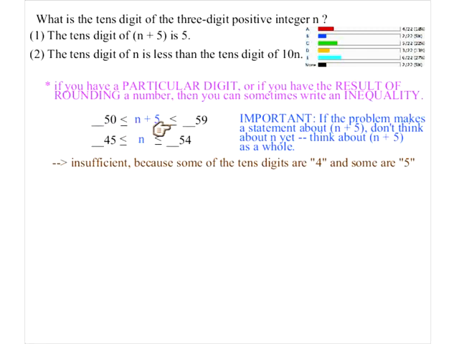Who knows what's going on in number 2? Text box if you have any insight into number 2. Some people are typing.